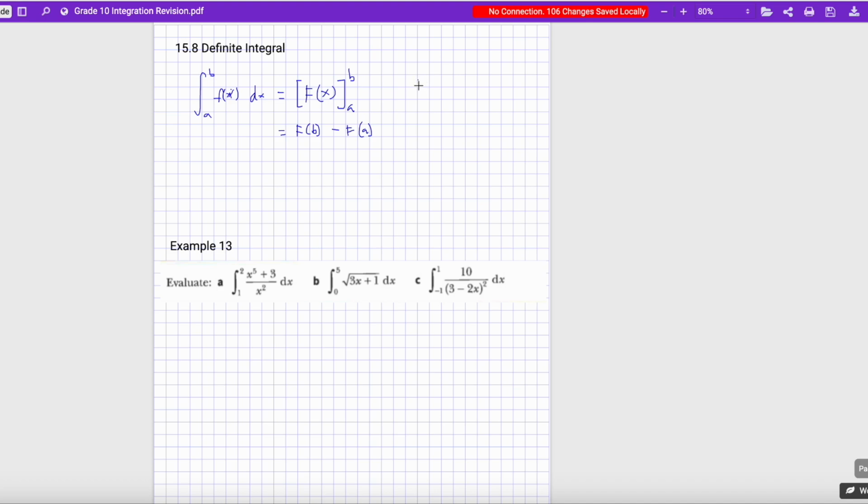If I were to show you a graph so that you can understand, assuming this is the graph of f(x), some function. By integrating from a to b, essentially you're looking at the a to b points, which is somewhere around here. And what is going on is that you're actually finding the area under this function. That's why you're integrating from a to b.